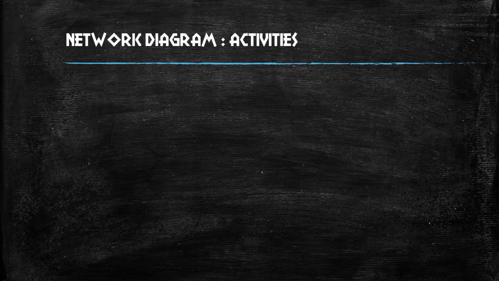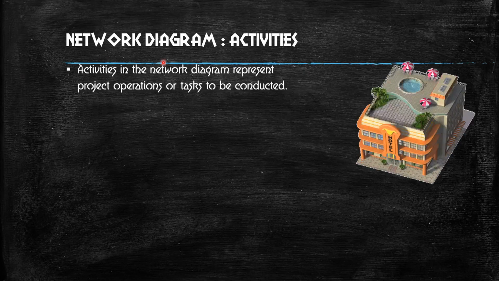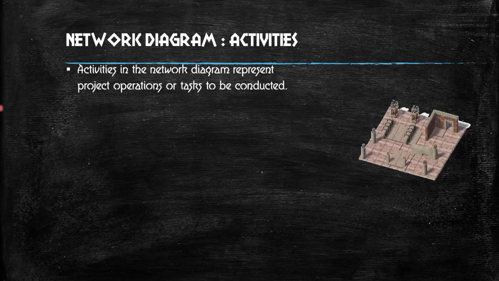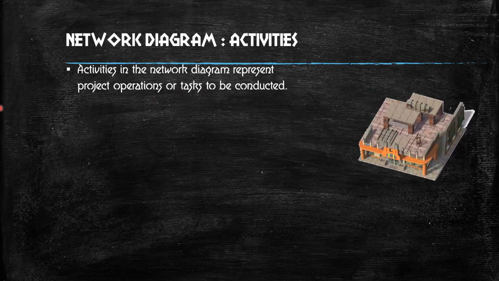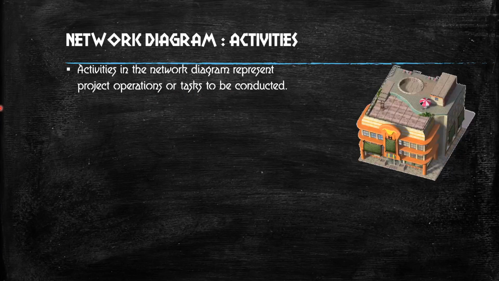Network activity. So now we have seen clearly about one part of a network diagram, that is the event. Now we are going to see about activities. Activities in the network diagram represent project operations or tasks to be completed. As we have seen in the definition of the project, a well-defined set of jobs or tasks to be completed is what we call a project.